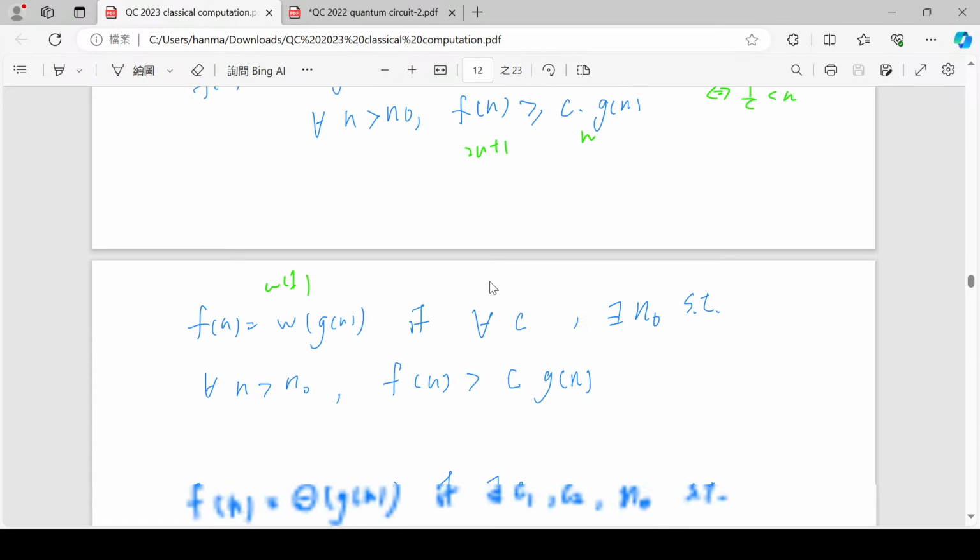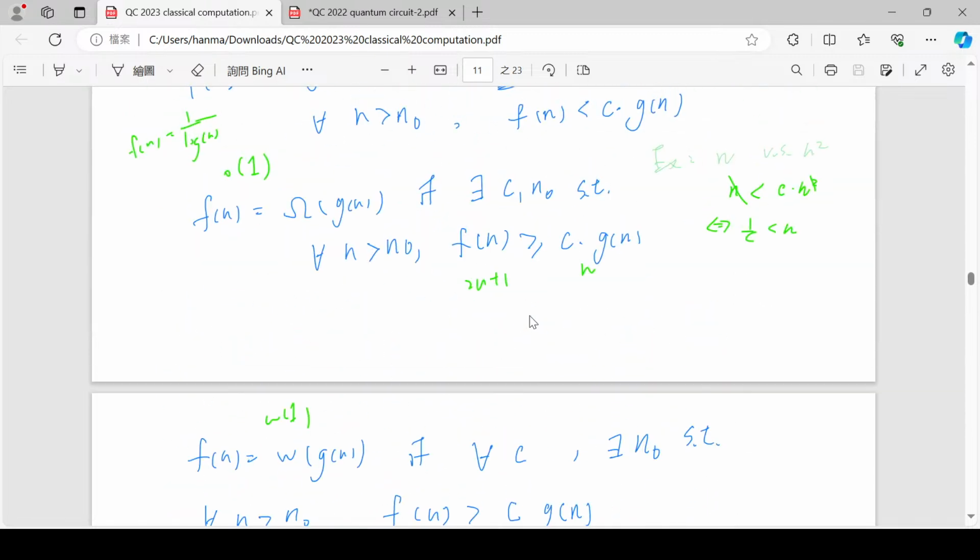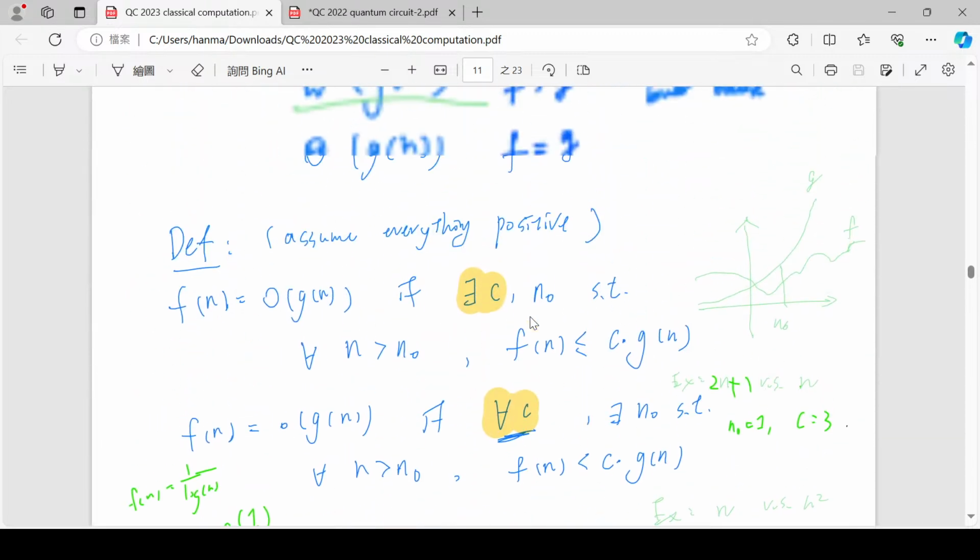This is similar to calculus, where you calculate the limit of f divided by g. Sometimes it's a bit different, because f divided by g might go to c in a limit, but sometimes there might not be a limit.